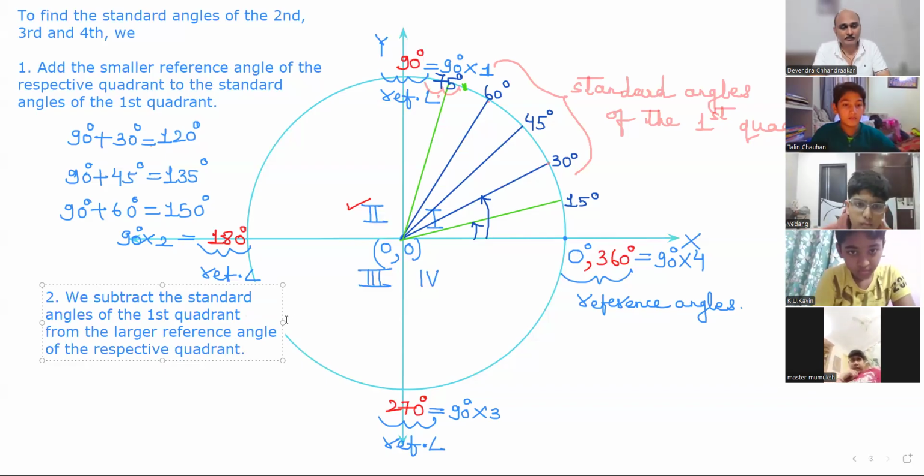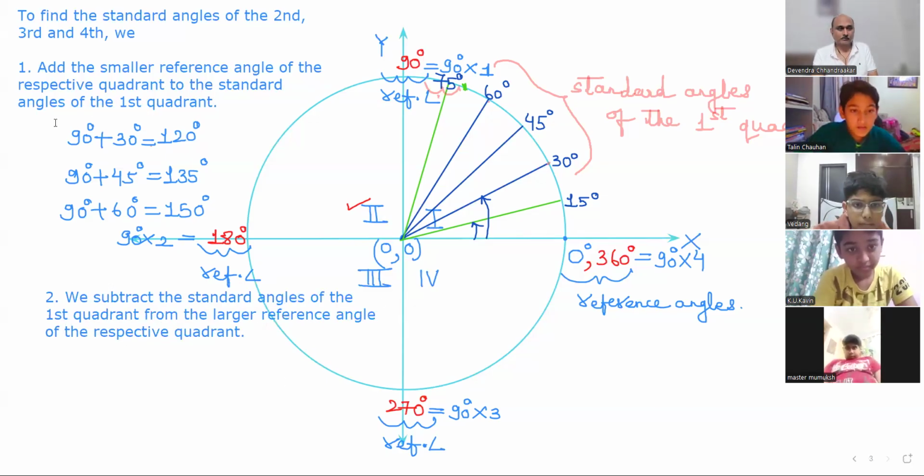Now, let's see which is the larger reference angle for the second quadrant. 180 degrees.